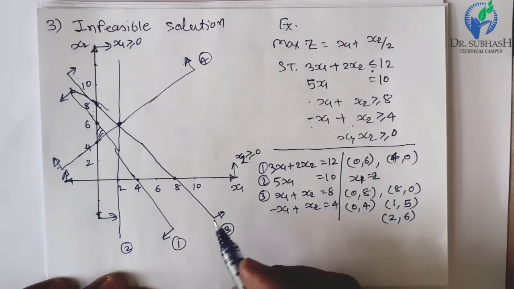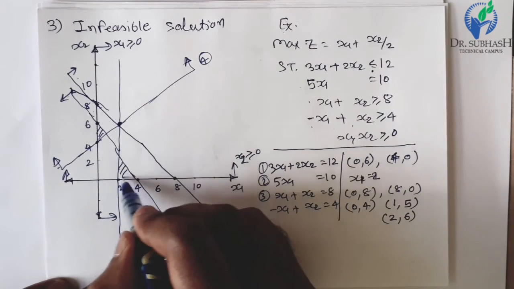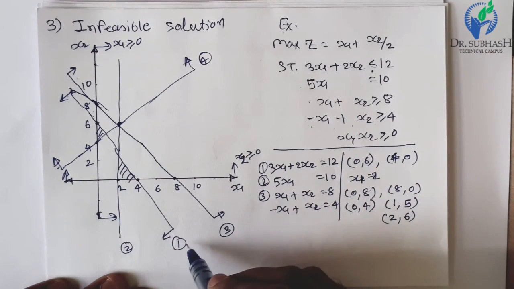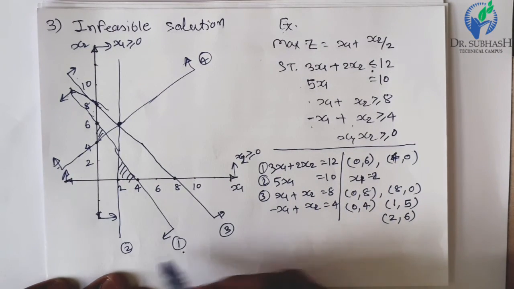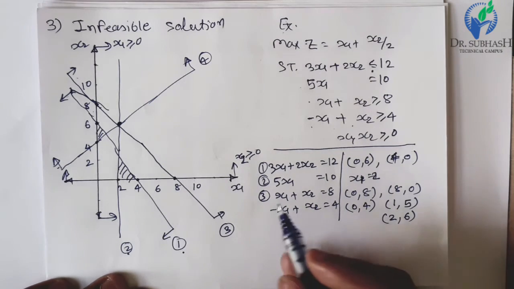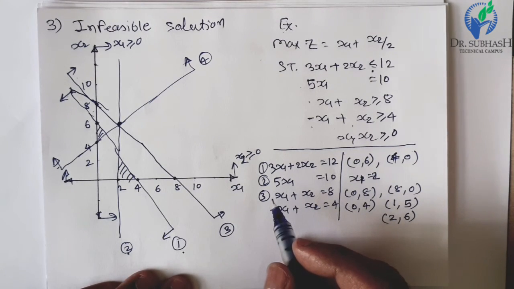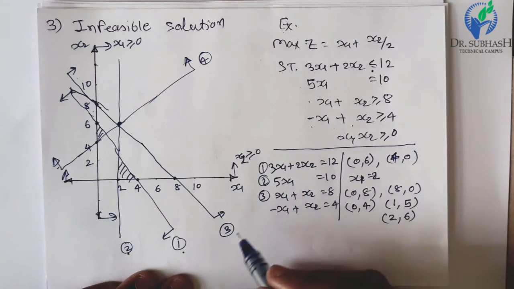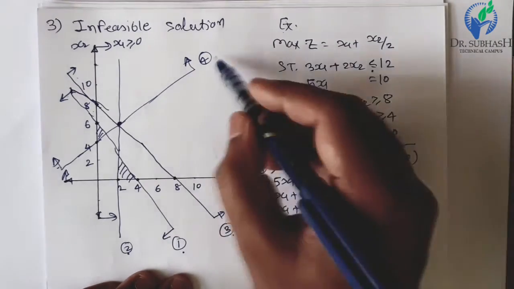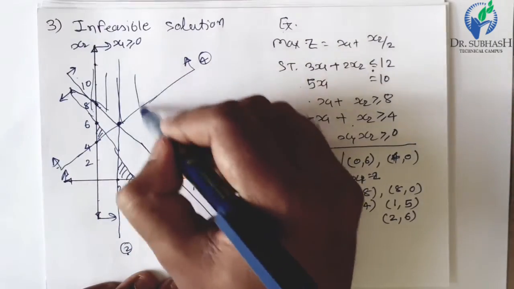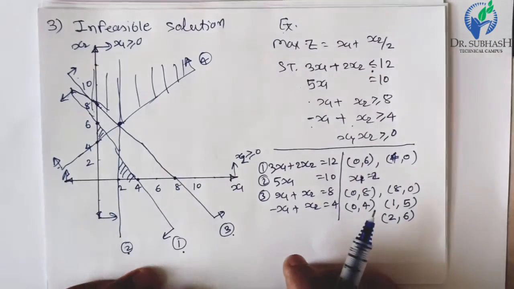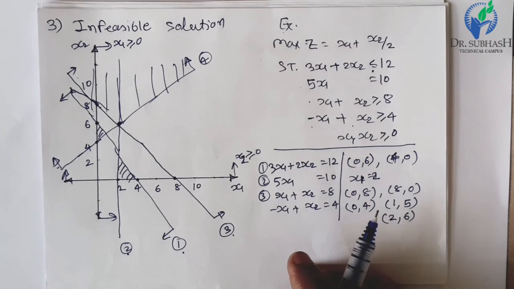We get another feasible region which lies here, which satisfies constraint number 1 and constraint number 2. And we get another feasible region which satisfies constraint number 3 and constraint number 4 in this manner. So we do not get an identical feasible region in this case, and we are facing multiple feasible regions.